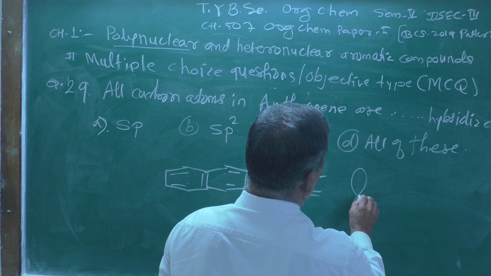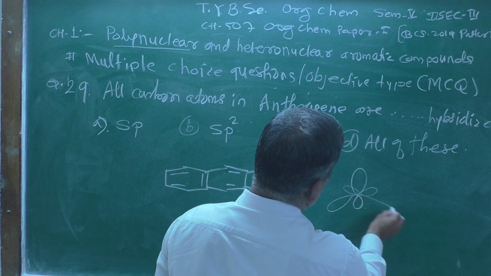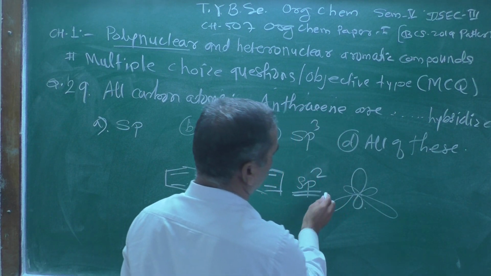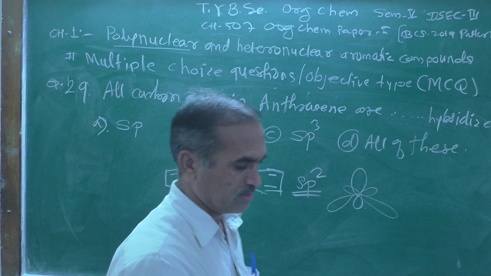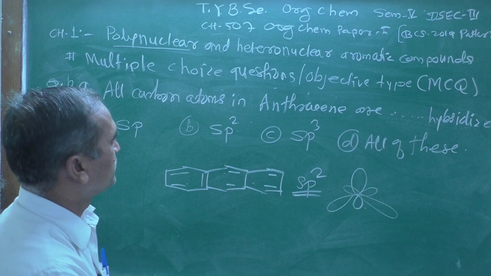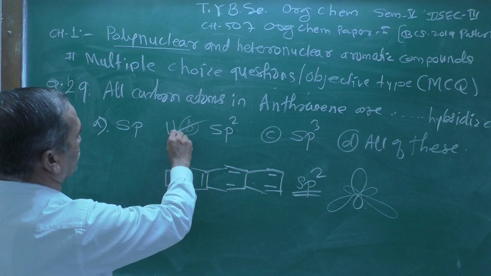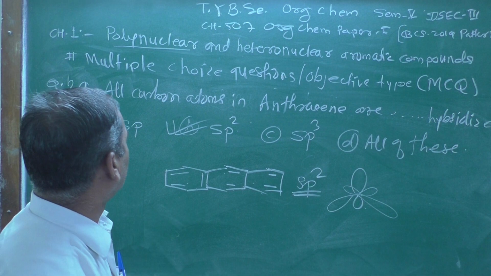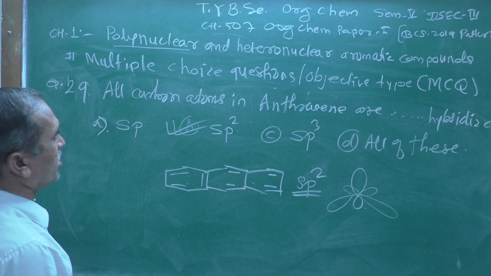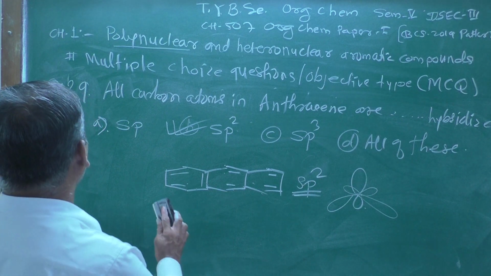Yesterday I showed it like this. I think this would be the structure of sp2 hybridized. It has a fixed geometry and direction, and therefore B would be the correct answer for this question. All carbon atoms in anthracene are sp2 hybridized.